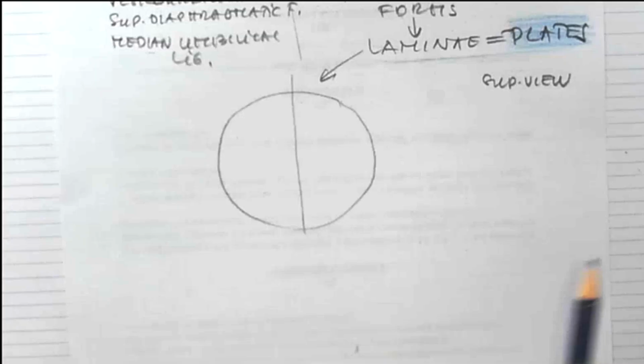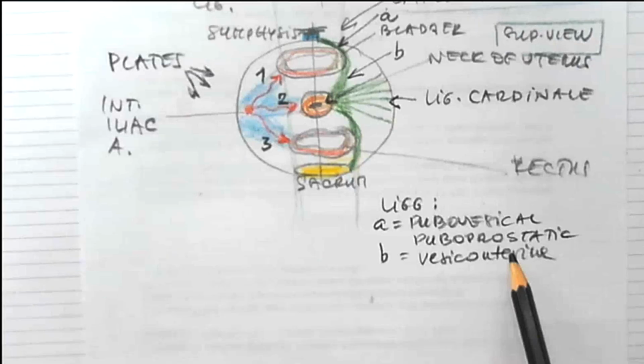Then follows the second one, which is vesicouterine. This would be B. Vesicouterine. Cardinal, we said, this is that one, it's like a fan, attached to the walls of the lesser pelvis. Rectouterine, there is place, so we could add C. C is the rectouterine.